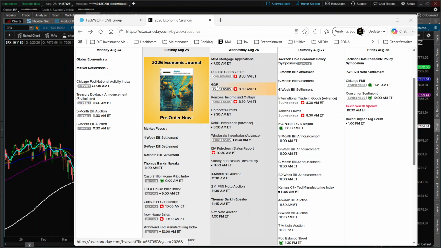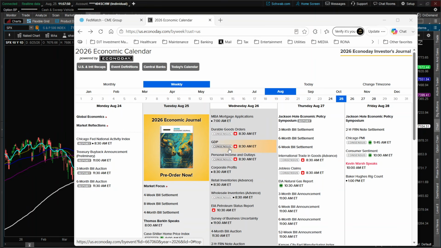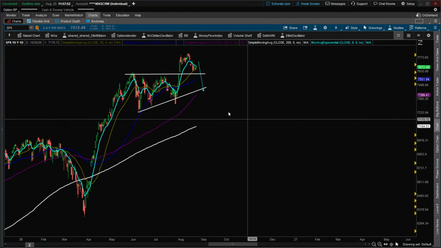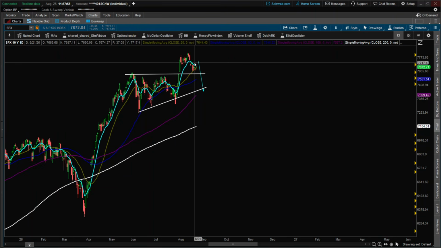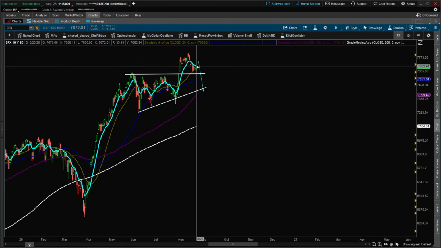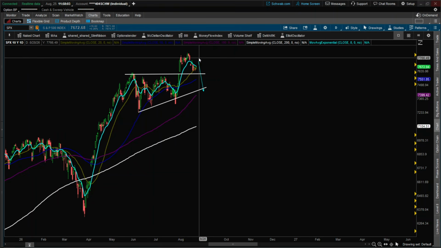We have this data, the GDP, we have durable goods, we have inflation, we have Kevin Warsh coming with the Jackson Hole economic policies coming up on Friday, and we have, most probably importantly in the near term, we have Nvidia earnings tomorrow night after the bell. So it's no surprise that we're starting to see just a little bit of a pinch here, pause. I do think we go to the upside. Nevertheless, if we get a lower high or higher high, I'm looking for a move up from this point.